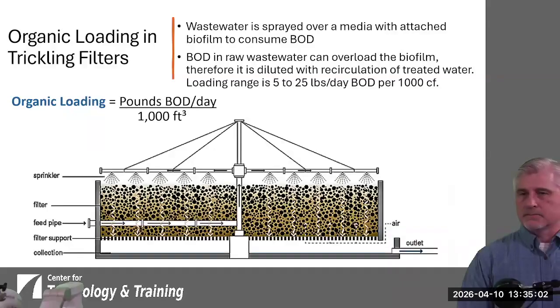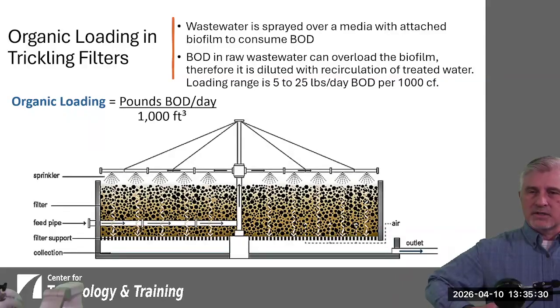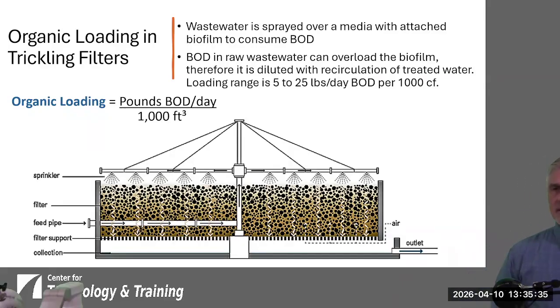It could be some sort of stone, or a plastic pellet, or different things, but the media has a biofilm growing on it, and the water has nutrition for the bugs that grow on the media. The water goes down across the media, and they take up the nutrients and process them. That's how a trickling filter in general works.